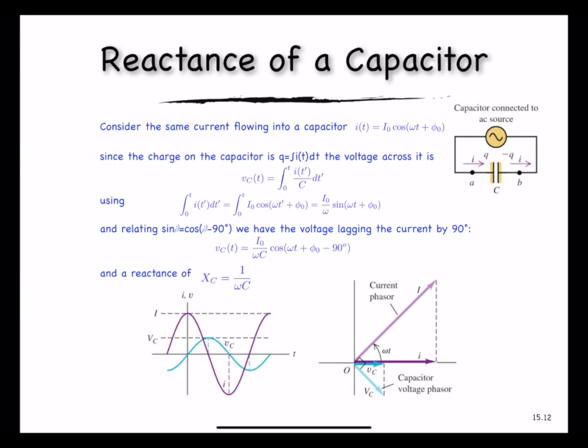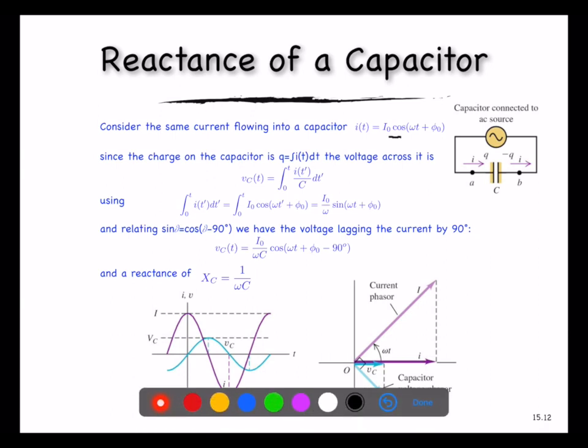Let's see if we can figure out the reactance of a capacitor in the same way. So again, we're going to start with an expression for current that's sinusoidally varying and a definition of the voltage across the capacitor. The voltage across the capacitor is just Q over C, and the charge on a capacitor is just the current integrated with respect to time.